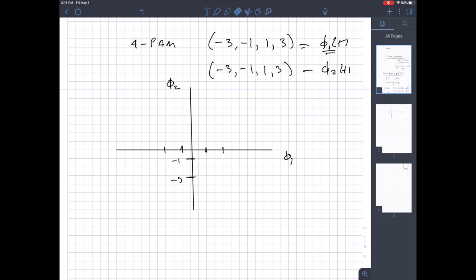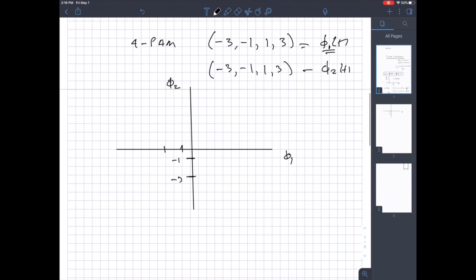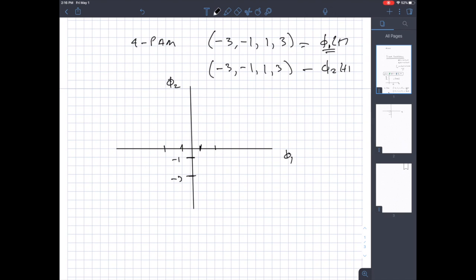I got that spaced wrong. +1, +3, and so forth and so on.